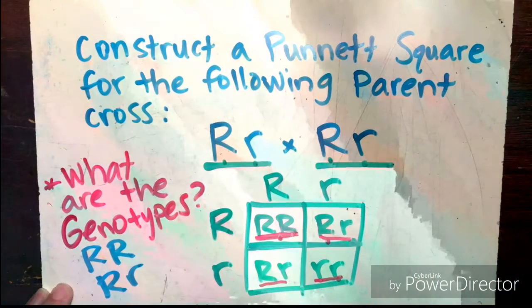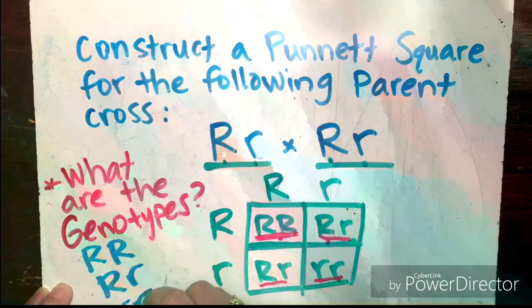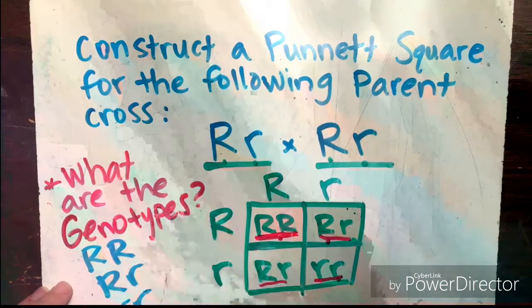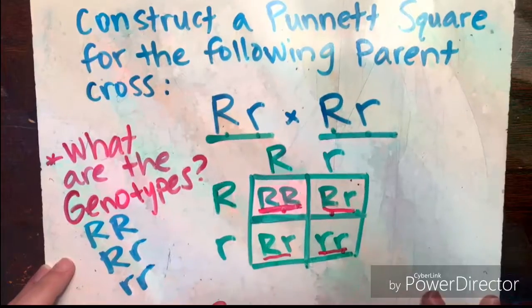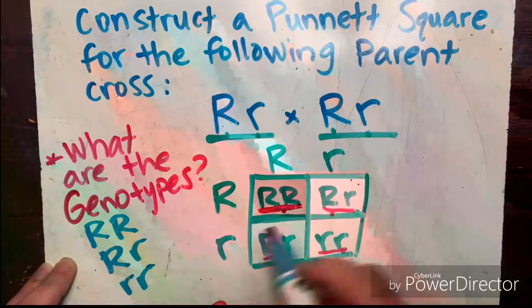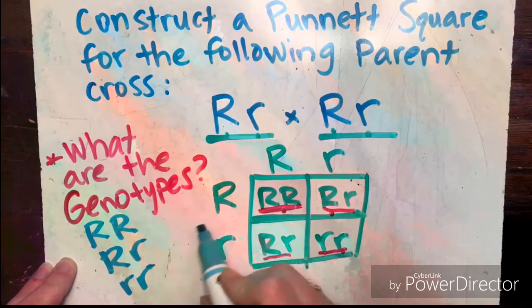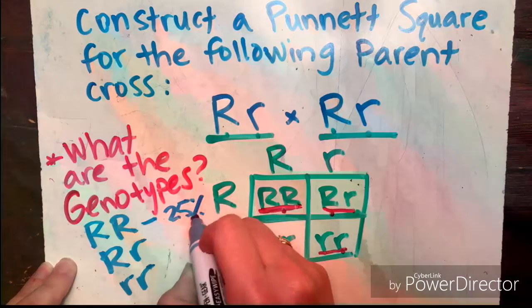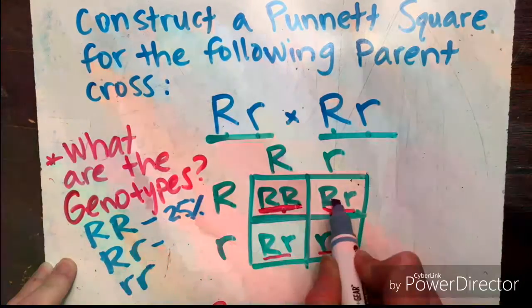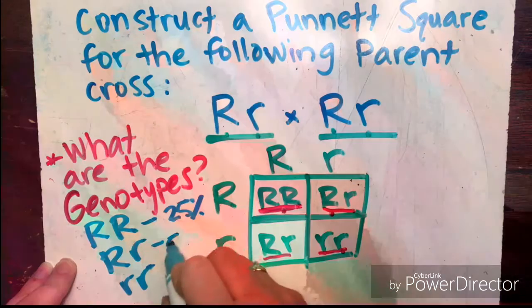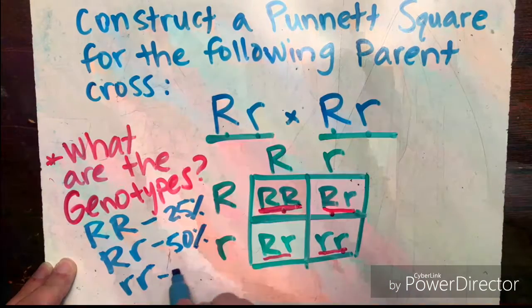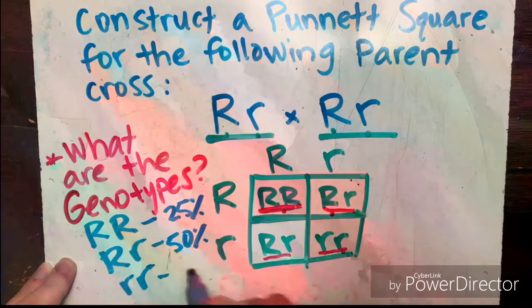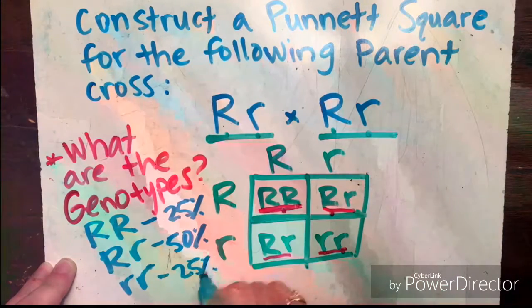And then for one, it would be little r, little r. So those are our possible genotypes. And if we were to put these into a percentage, this would be 25%. Since there are two of these, it will be 50%. And since there's one little r, little r, that will as well be 25%.